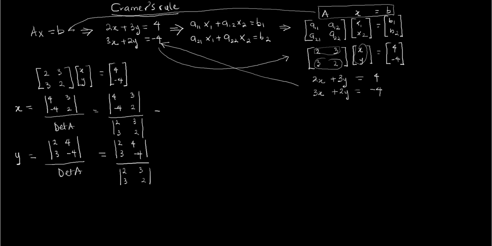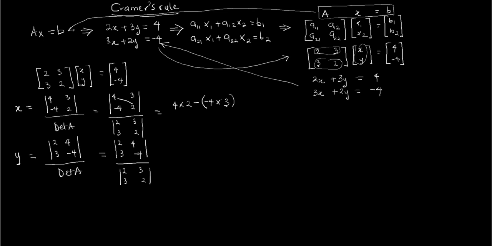So how do we evaluate these determinants? The way to remember them is that you always take the value on your top left hand corner and multiply by the lower right value. So you have 4 times 2. Minus is always constant here. Into bracket, you have minus 4, which is the bottom left hand value, times the top right value.